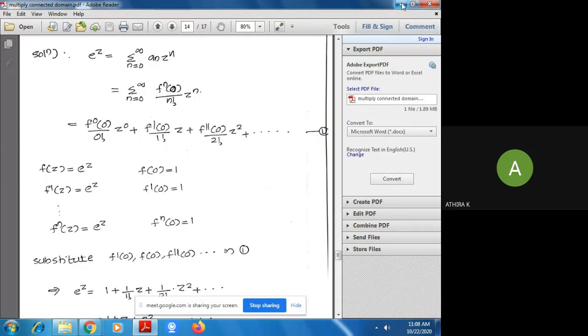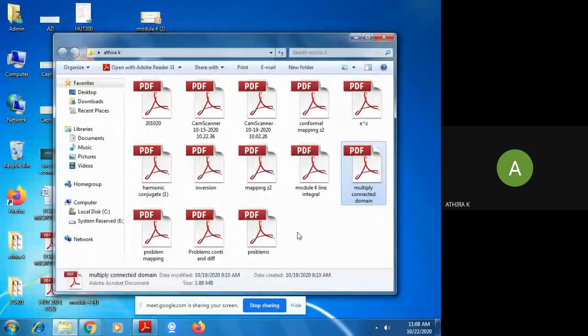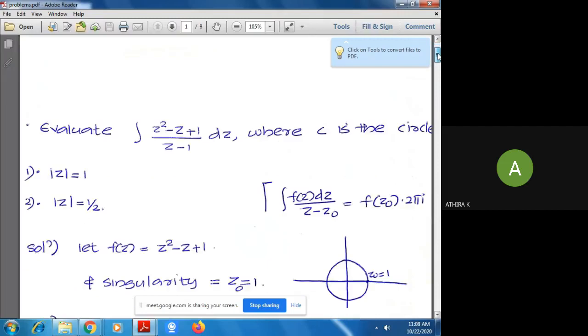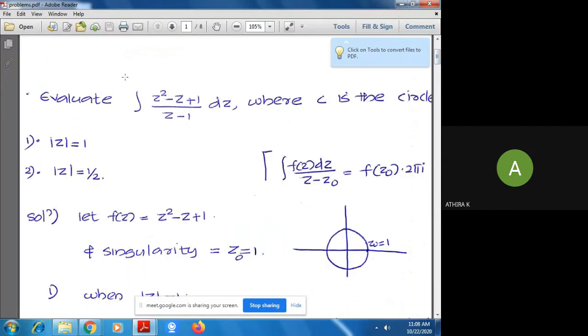So we move to the next problem. Evaluate the integral of z square minus z plus 1 divided by z minus 1 dz, where C is the circle mod z equal to 1 and mod z equal to 1 by 2.